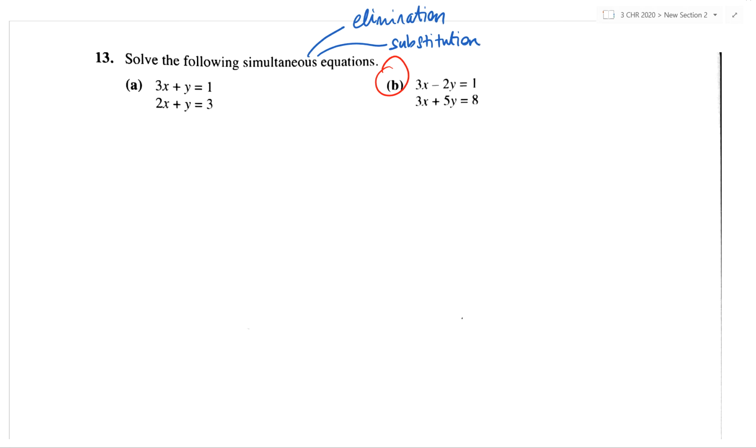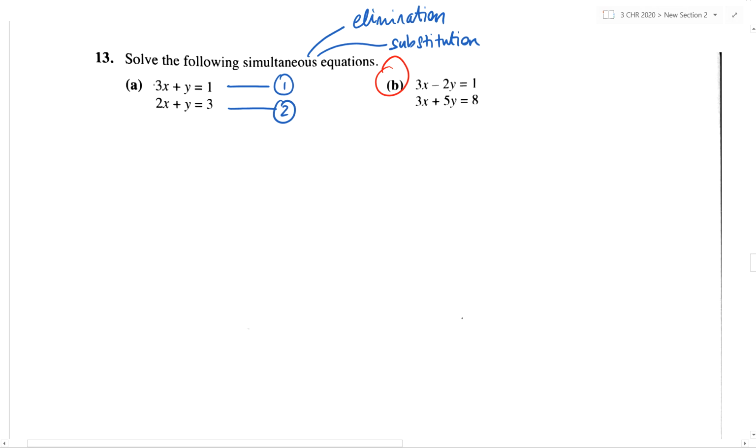So I will now start with question 13a using elimination. Equation number 1, equation number 2. I will use elimination because the coefficient, meaning the number in front of one of the unknowns, which is either x or y, is the same. Now we look at x and x.